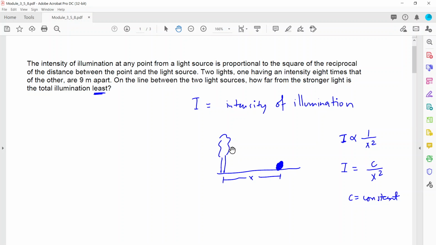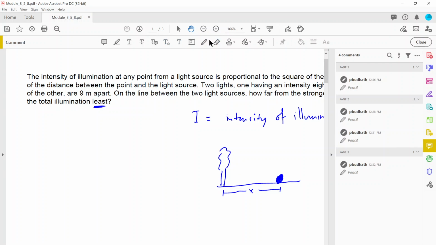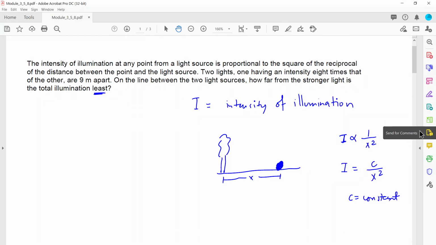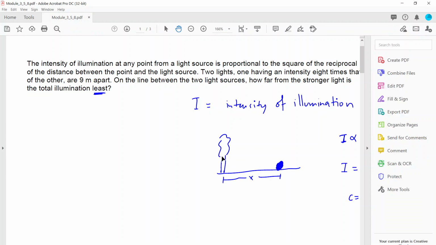Instead of having just one light source, in this problem there are two light sources, and we would like to find the illumination in between those two light sources. So make sure the other light source is on the other side of that point. For example, if one light source is on the left side of the point, then the other light source may be somewhere here.